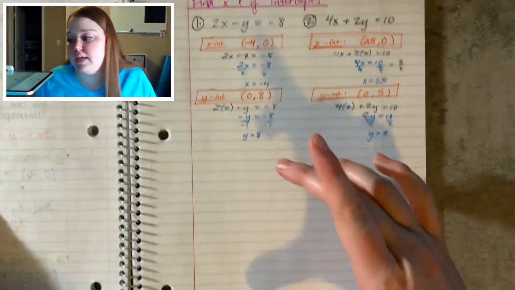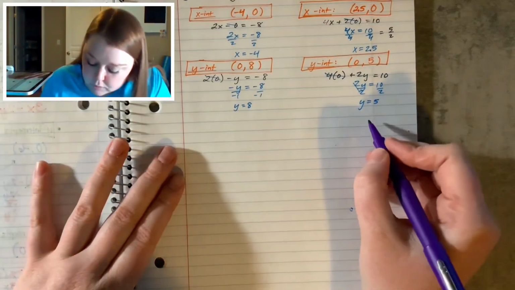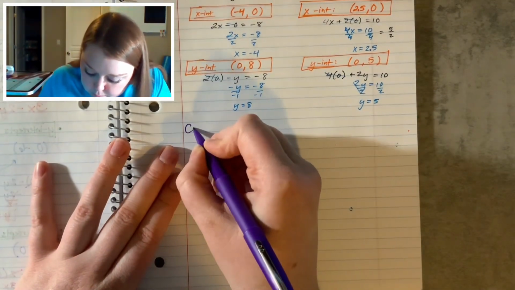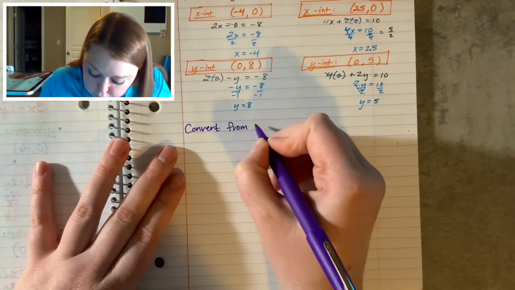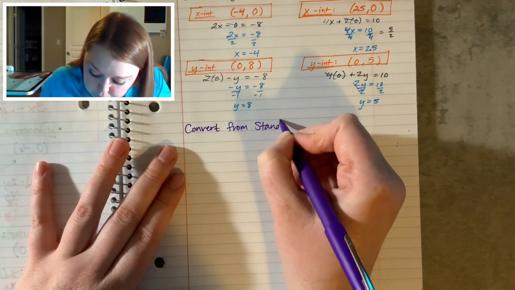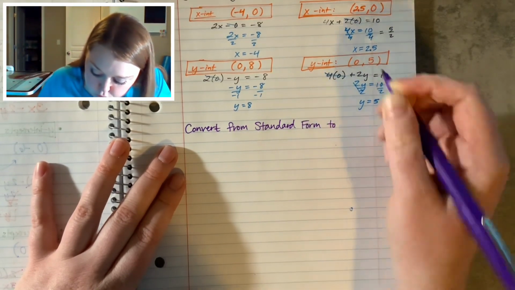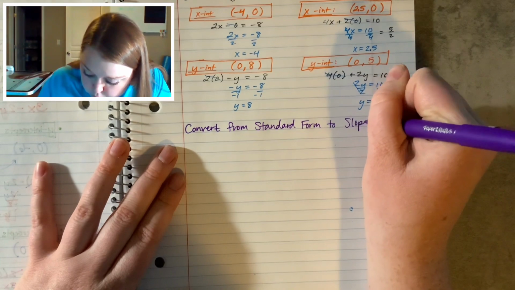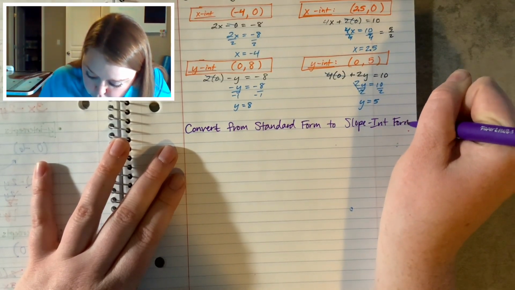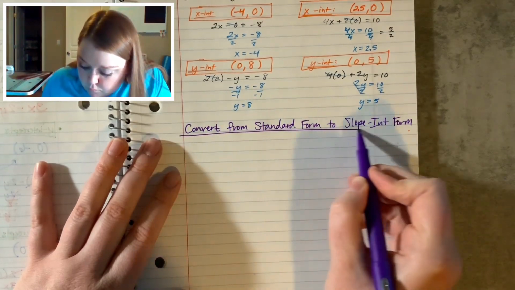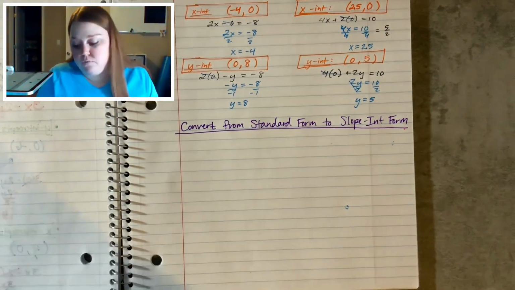And honestly, this next piece is probably the most important part anyway. This is going to be converting. We're going to convert from standard form to slope intercept form. So we want it to be in y equals mx plus b format.